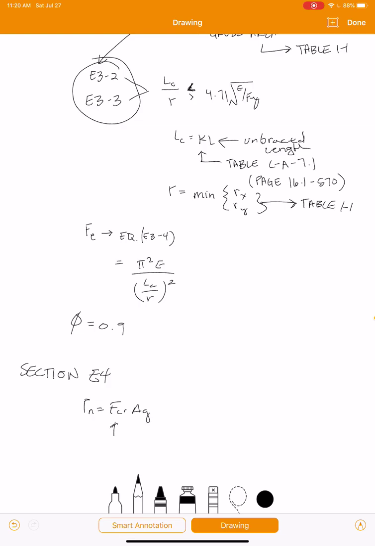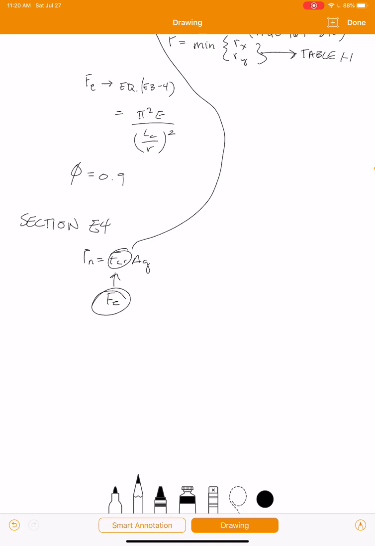And again, your Fcr is going to be based off of Fe. For this Fcr, you're actually going to use these same equations, but your Fe is going to be the thing that changes. And again, there's a couple different ways that Fe is calculated, and it's based off of your section geometry.